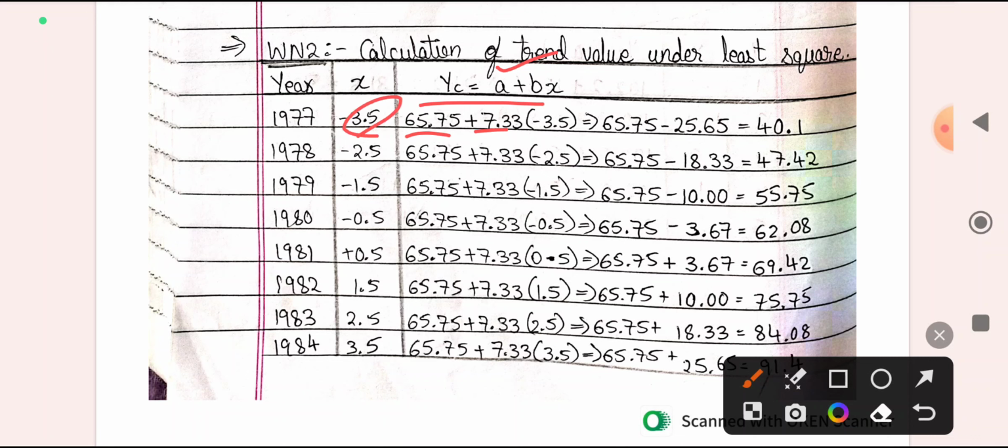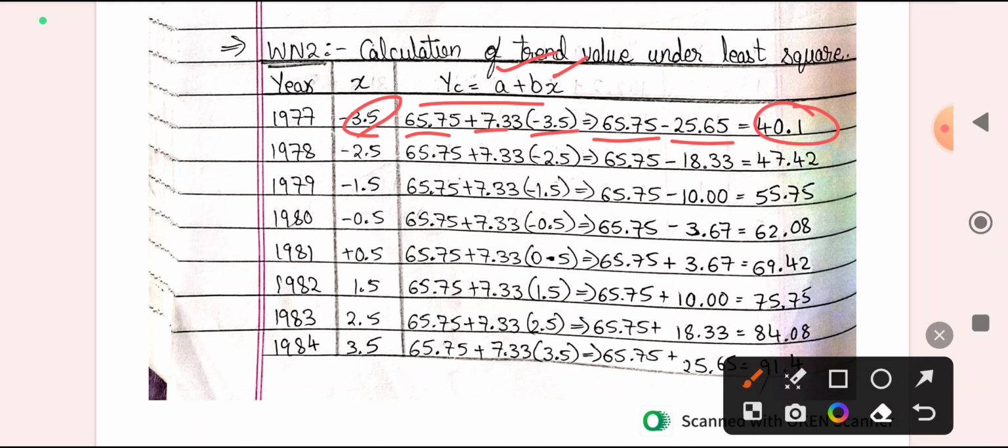The x value we are taking here is minus 3.5, so b into x is 7.33 into minus 3.5, so it is 65.75 minus 25.65, which becomes 40.1.